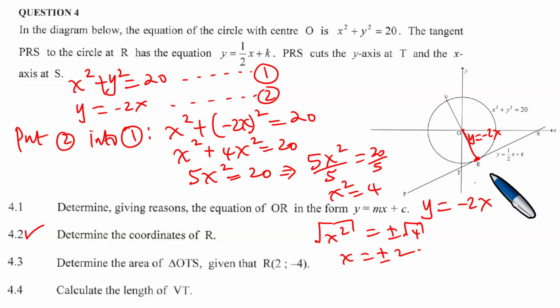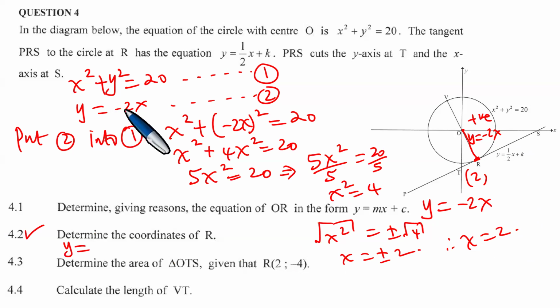What is R? X at this point is on the positive side. So x is plus or minus 2, but at this point you have that. Therefore, x equals 2 because x is positive here. So this R is on the positive side of the x, but you get a y as well. What is y?